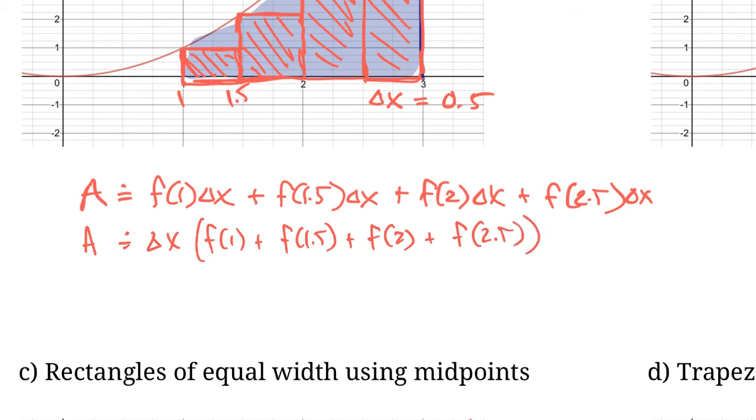So if we were to actually calculate this, delta x is 0.5, f at 1, well, x squared at 1 is just 1. For 1.5, 1.5 squared is 2.25, or as a fraction, 9 over 4.